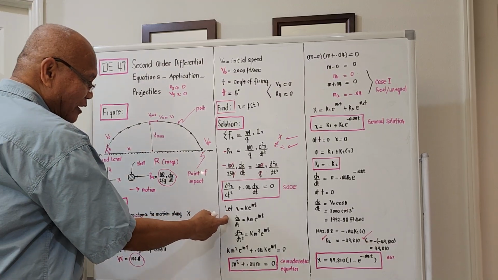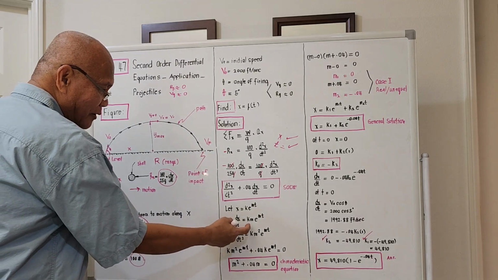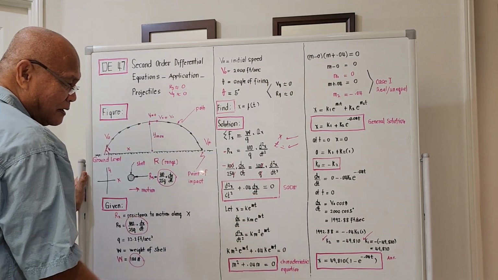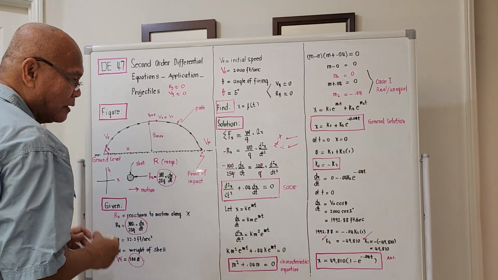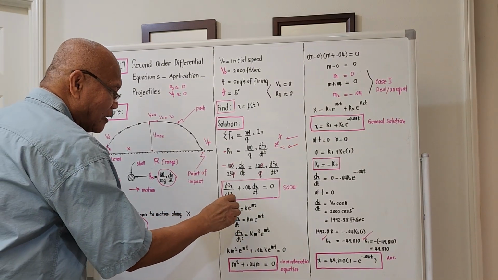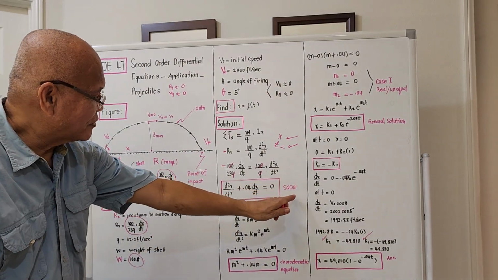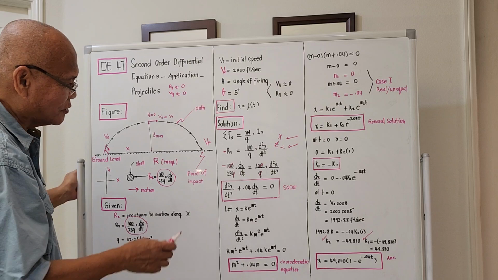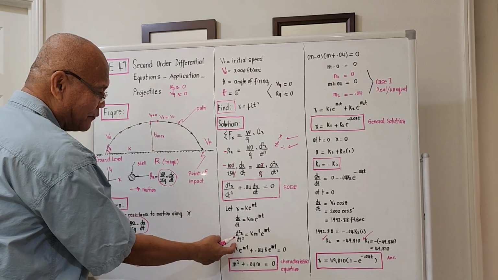We let x equal k e to the mt, dx/dt will be equal to km e to the mt, and the second derivative will be km square e to the mt. We do not have x in this second order differential equation, right? So all we need is dx/dt and the second derivative.